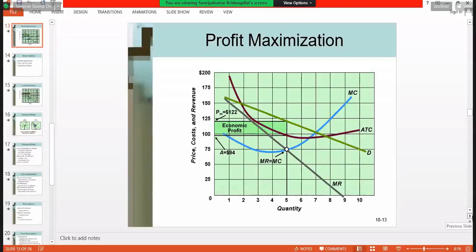Then the price will be determined from the demand curve for that output level. So the monopoly can get economic profit.